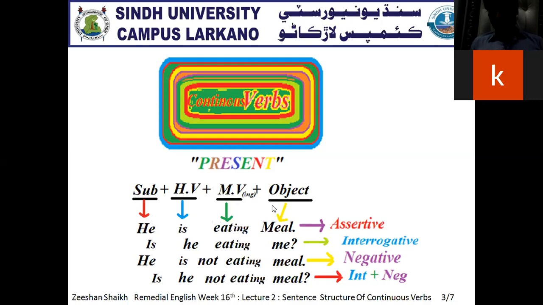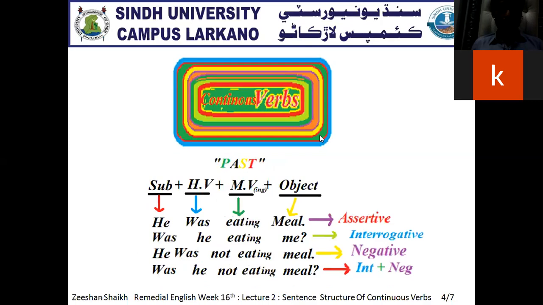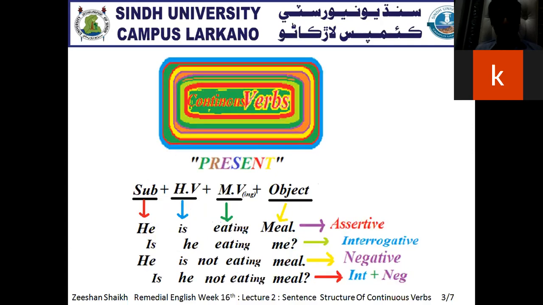Clear? So this is all about the present continuous tense. Now let's proceed towards the past continuous. Whenever we have present, past, and future, in different tenses we have different helping verbs. As I already told you, in the present we have is, am, are, the three helping verbs of the present continuous tense.